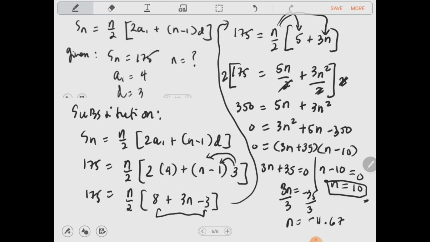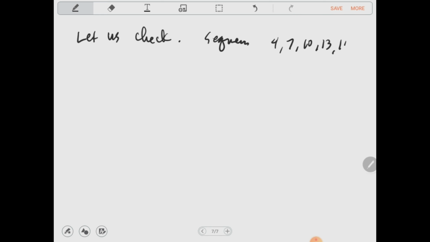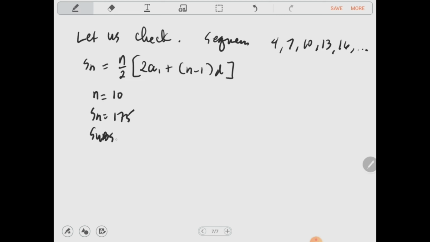So let's check. Okay, now let's check if the number of terms that we have, which is 10, is the number of terms that we need to get the sum of 175 in our sequence. So let's substitute the number of terms, which is 10, in the formula.